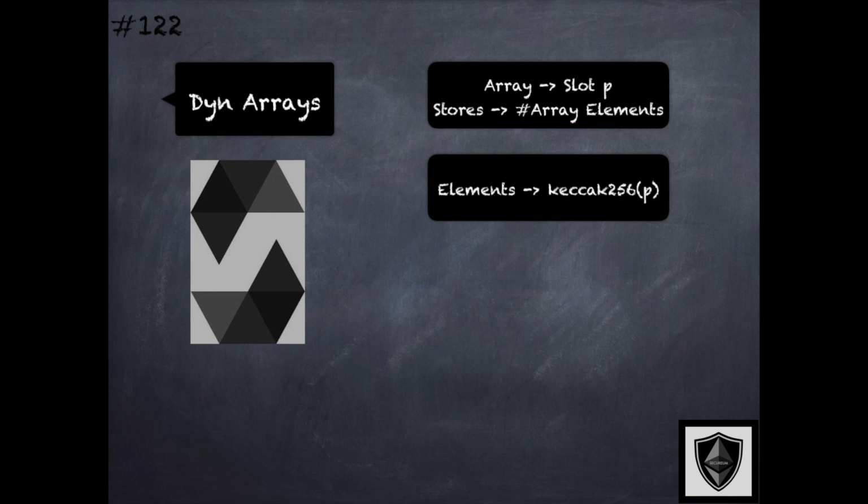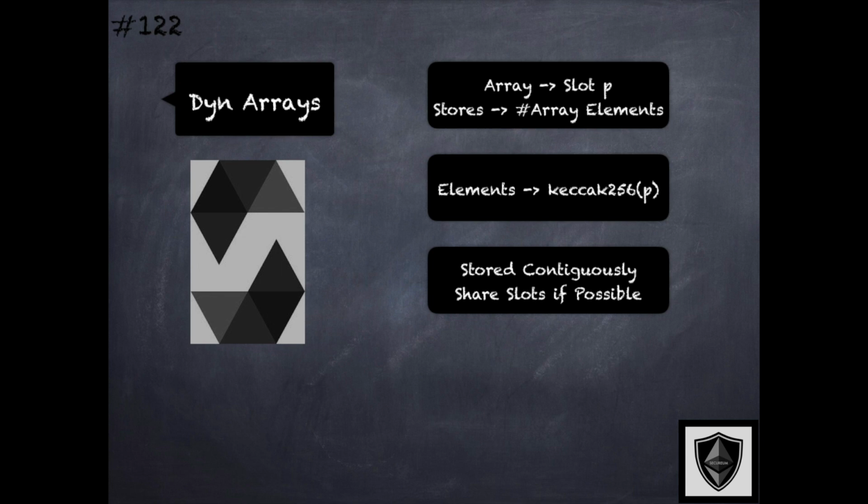The actual elements of the dynamic array itself are stored separately in different storage slots, and the starting slot for those elements is determined by taking a Keccak 256 hash of the slot number P.